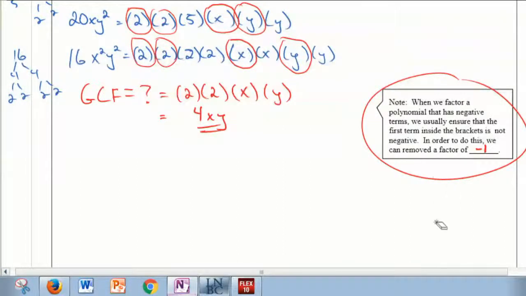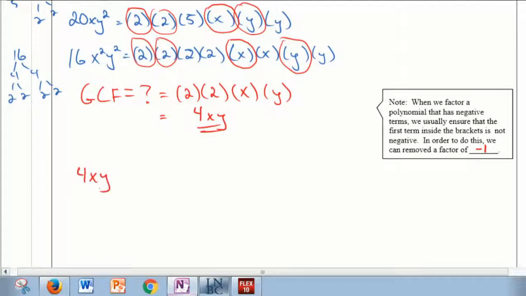So let's look at what this is going to look like. I had my greatest common factor of 4xy, and then I have my 3 terms inside my bracket: 1, 2, and 3. Now I'm saying that this first term, we don't like it when it's negative. It's just one of these math faux pas things where it's generally not nice to write the first thing as being negative.